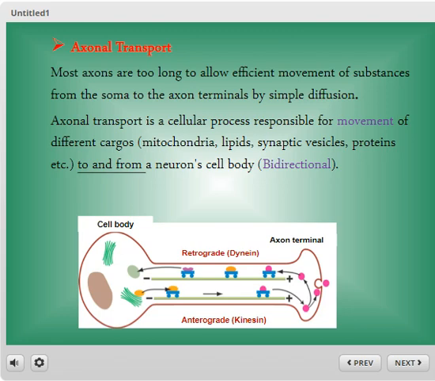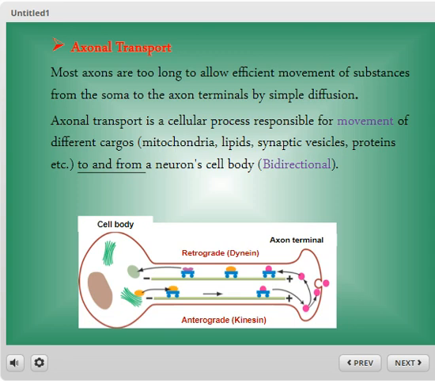Axonal transport is a cellular process responsible for movement of the different cargoes, for example, mitochondria, lipids, synaptic vesicle, protein, and the other type, from a neuron's cell body. This movement is bidirectional, for example, from the cell body to the axon terminal or axon terminal to the cell body.